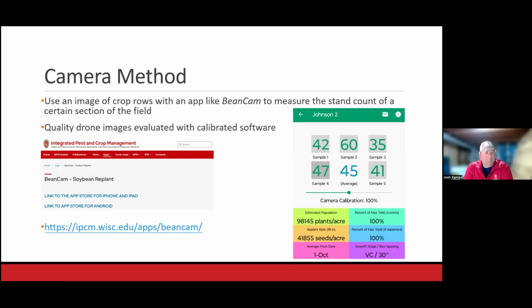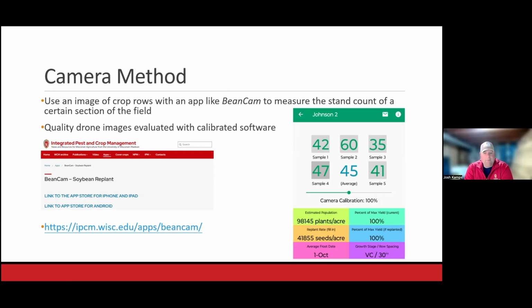I have a screenshot there of what it looks like at our integrated pest and crop management site. You can download that with an iPhone or iPad, or if you have an Android tool. The link is there as well, and I see it just got added to the chat.